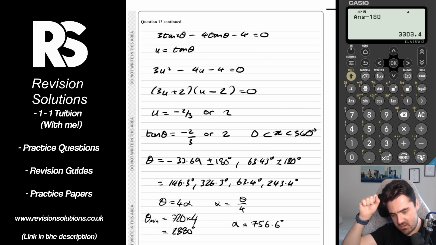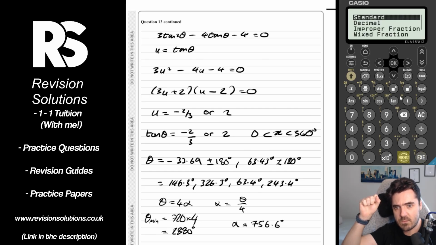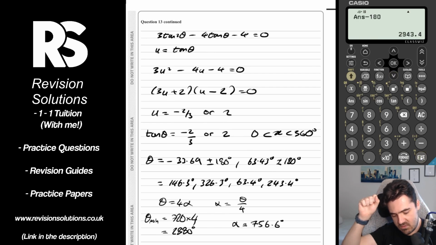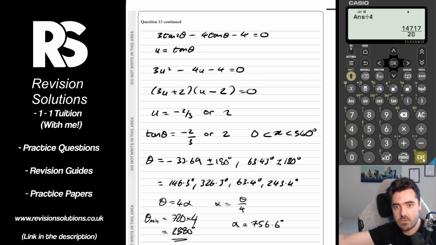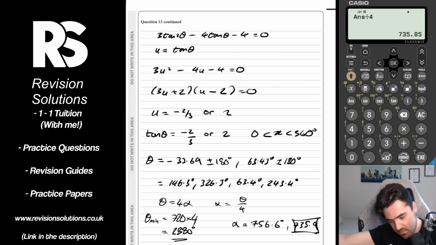We can take off 180 another couple times, I think. Format that. 2,943. And yeah, if I go any further back from that, it's going to be below 2,880. So we'll convert that one to alpha by dividing by 4. What does that give us? Gives us 735.85, or 735.9, which is actually the smallest one. So that's this one, and we'll cross this one out. This is the smallest one.